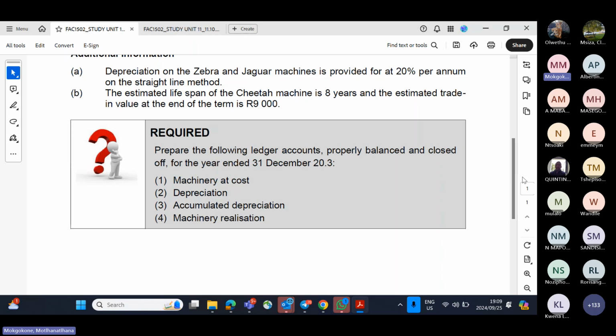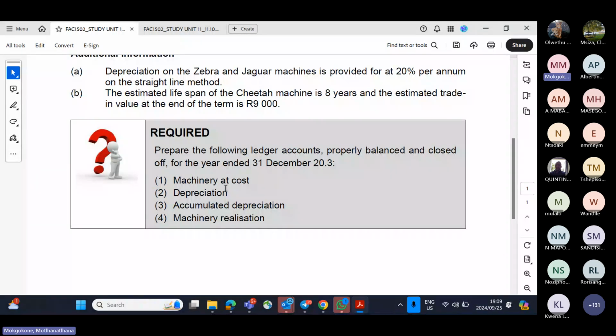We must do the machinery general ledger account, which is an asset; asset increases on the debit and decreases on the credit side.